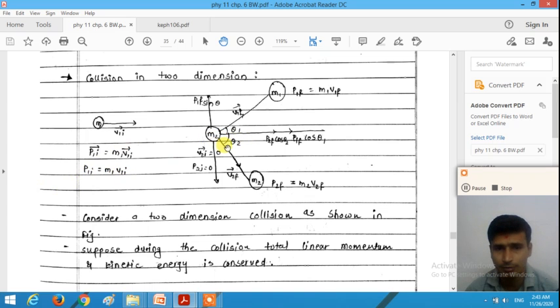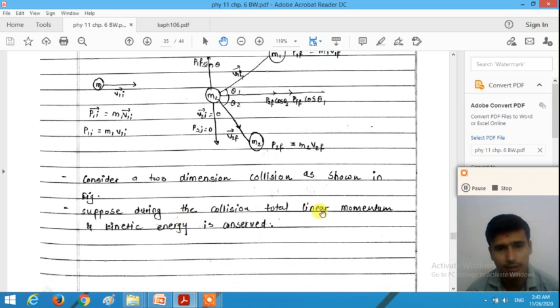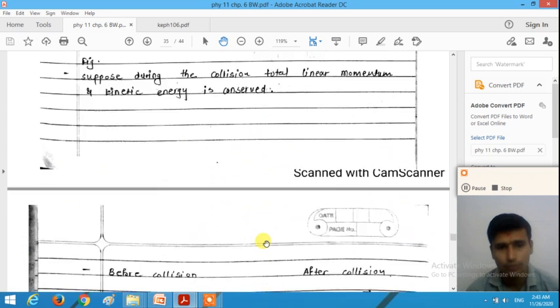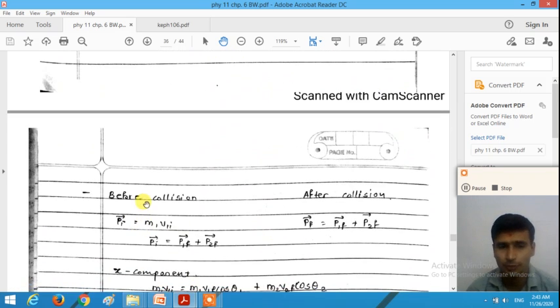The second object is stationary, so v2i we take as 0, right? Suppose during the collision, the total linear momentum and the kinetic energy are conserved. So how can we write the equation? Before the collision, the initial momentum Pi, and after the collision, the final momentum Pf is equal to P1f vector plus P2f vector.